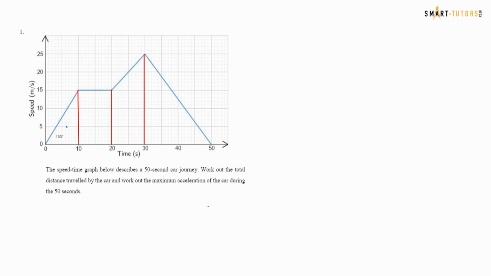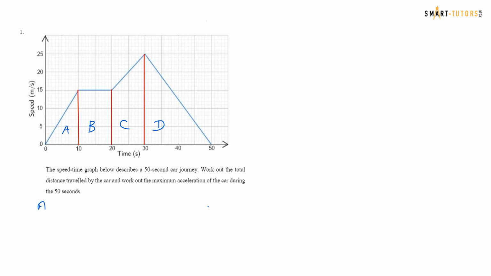So I'm going to label these A, B, C, D. So the area under the speed time or velocity time graph gives the distance.